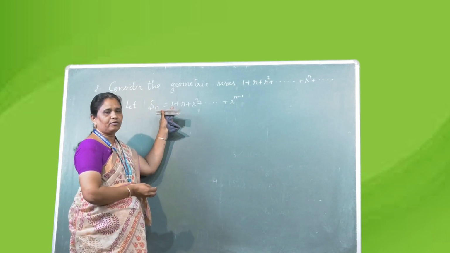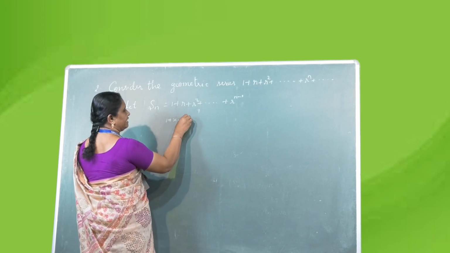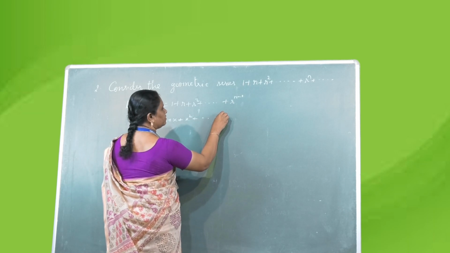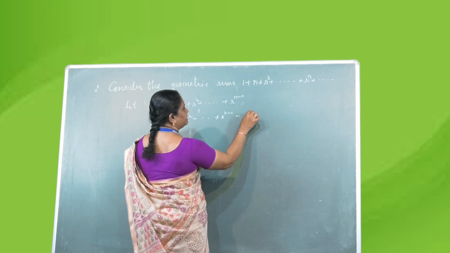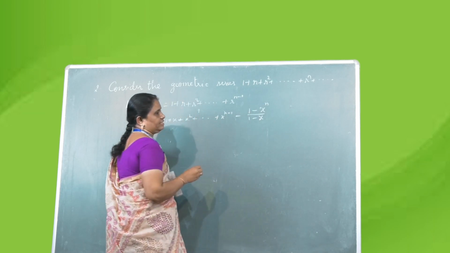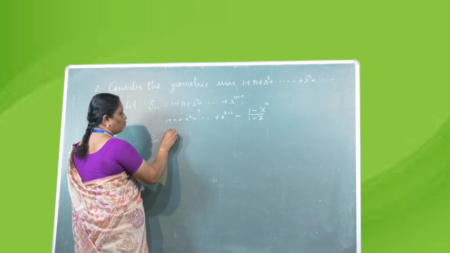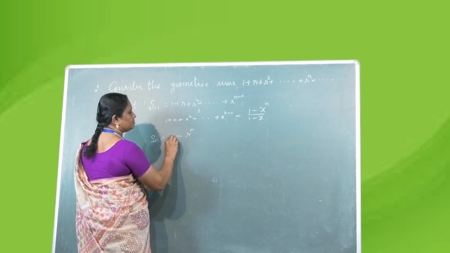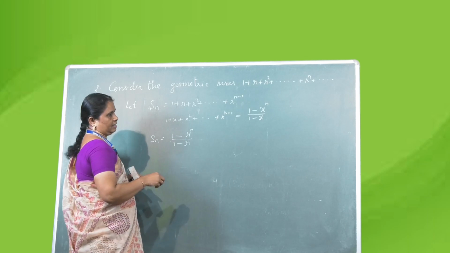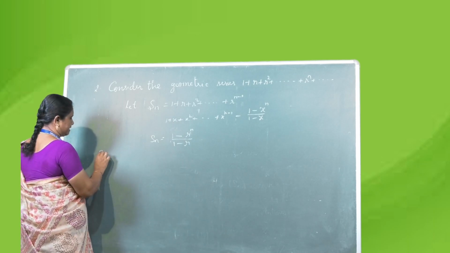And we know one formula for 1 plus x plus x square plus etc. plus x power n minus 1, that is 1 minus x power n divided by 1 minus x. Using this formula we get sn as 1 minus r power n divided by 1 minus r. Using this we are going to discuss the various cases.